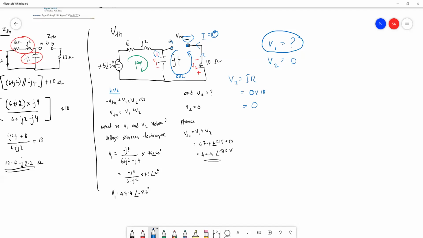Meaning that the current only flows in this loop only. So this is I1. There is no current flowing here. So the functional circuit is only like this.